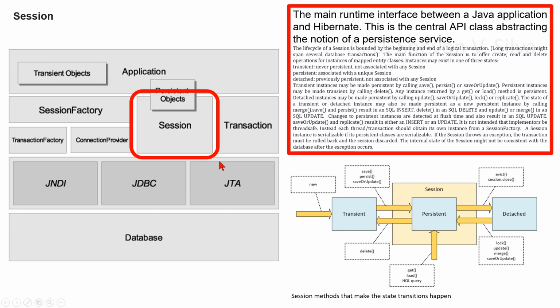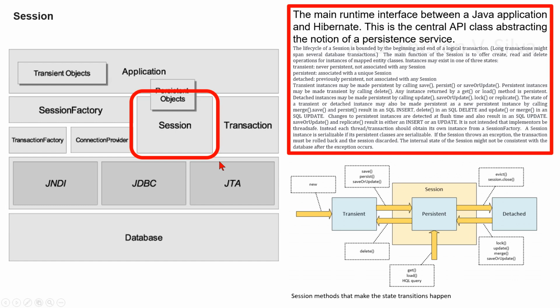Save or update method and replicate method result in either an insert or an update. It is not intended that implementers be thread safe. Instead, each thread or transaction should obtain its own instance from a session factory.